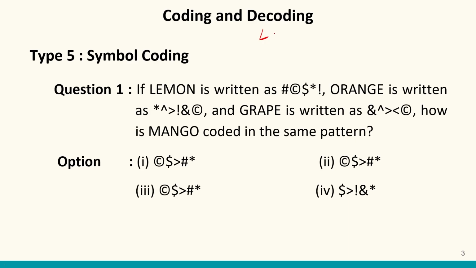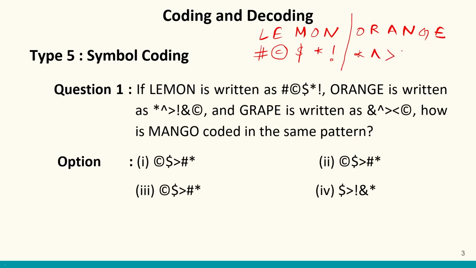So in symbol coding and decoding, we can see that lemon is coded as this. Each alphabet has a representation by a symbol. Similarly, for orange also the code is given. And C sign.